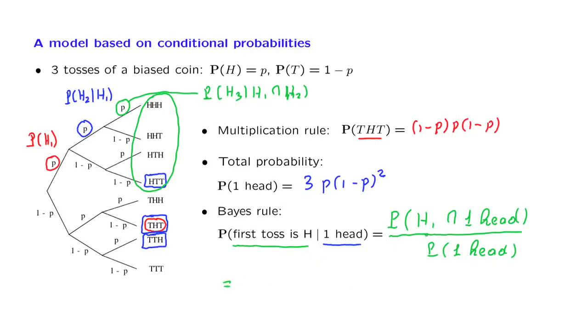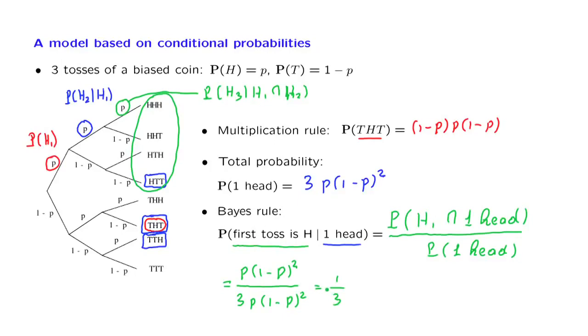Now, the probability of both events happening, that we have exactly one head and the first toss is heads, is the intersection of the blue event and the green event, which can happen only in this particular outcome, namely the sequence heads, tails, tails, and has probability p times (1 minus p) squared. The denominator is something that we have already calculated. It's 3p times (1 minus p) squared, and so the final answer is 1/3, as we had guessed.